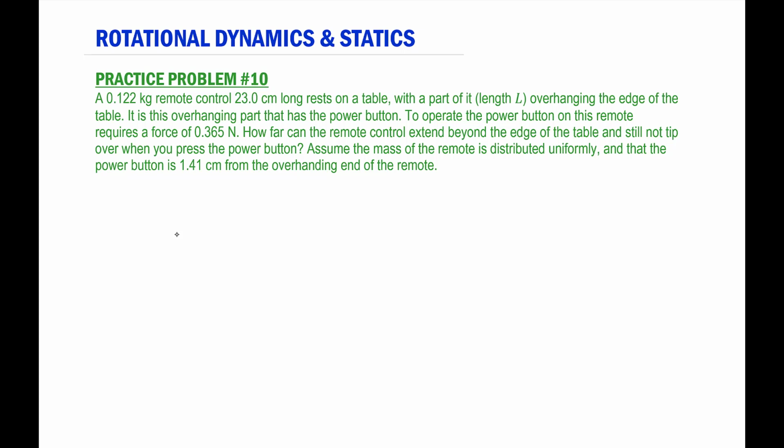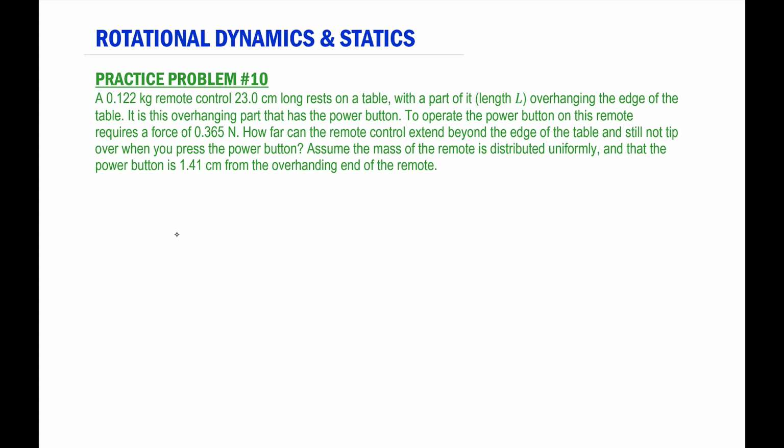How far can the remote control extend beyond the edge of the table and still not tip over when you press the power button?